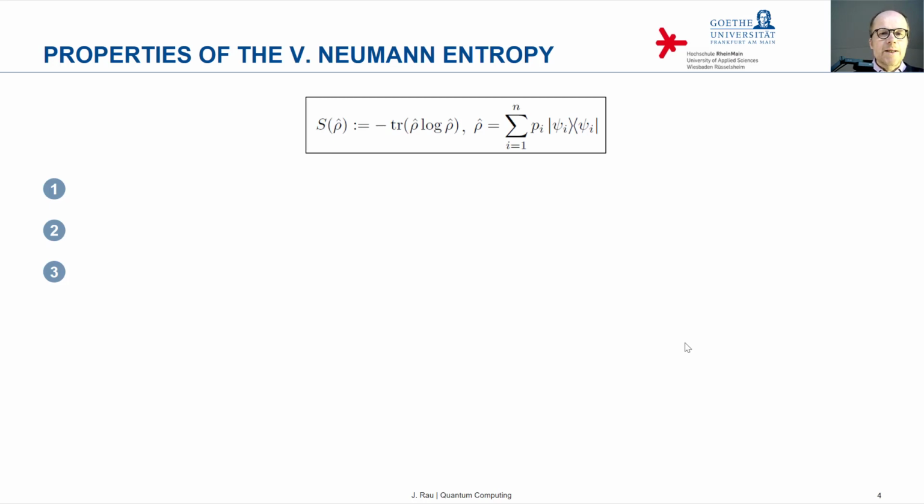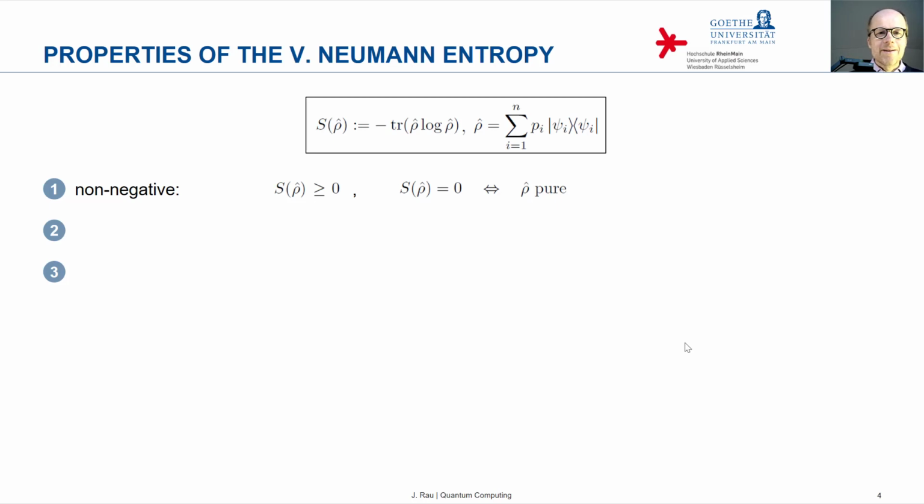At the top you see again the formula, and I would like to focus on three properties which parallel the corresponding properties of the classical entropy. The first property is completely analogous to the classical case. The von Neumann entropy is non-negative, and it is equal to 0 if and only if the state is pure.